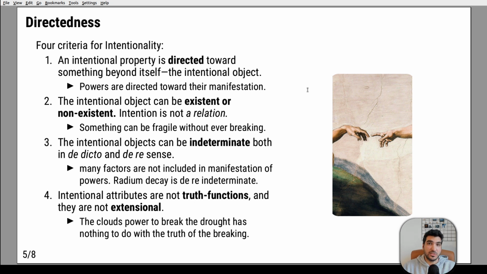Even though they might be coextensional in the sense that they're both red, the power to one is not the same as the power to the other. So in that sense, we can see that powers satisfy the four criteria of intentionality.